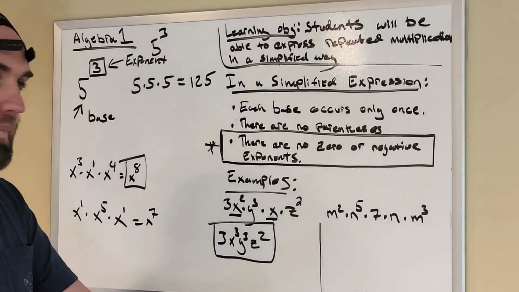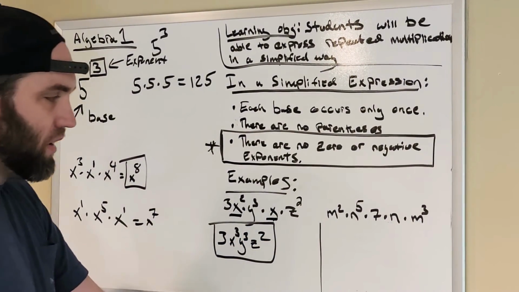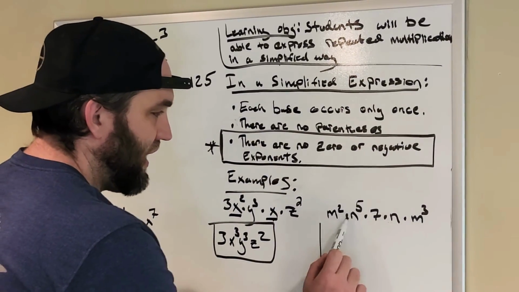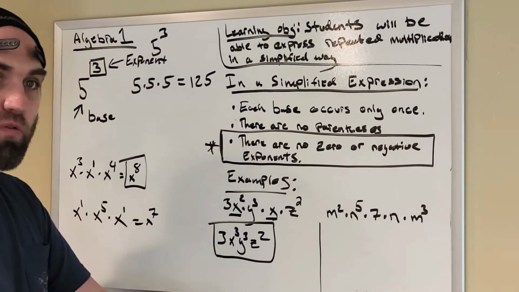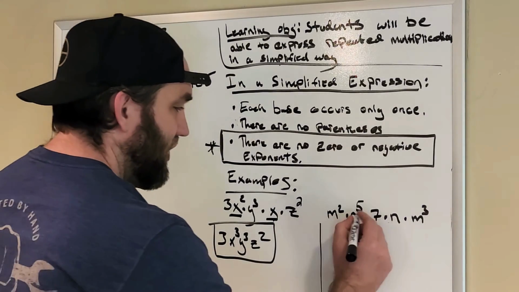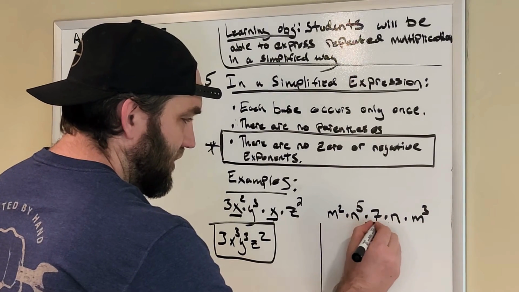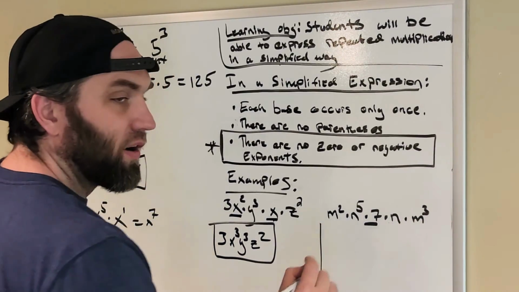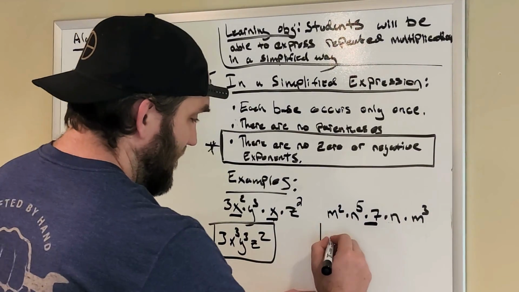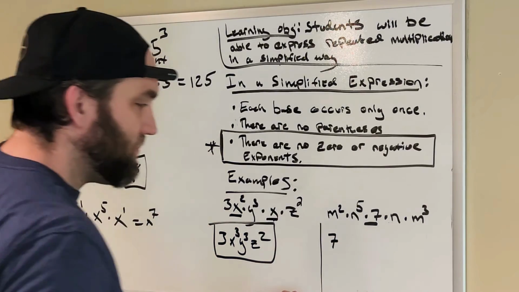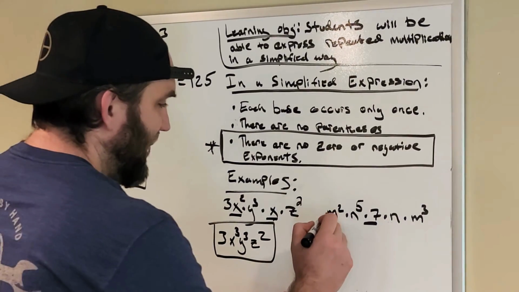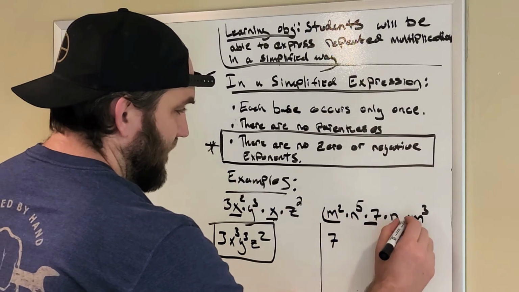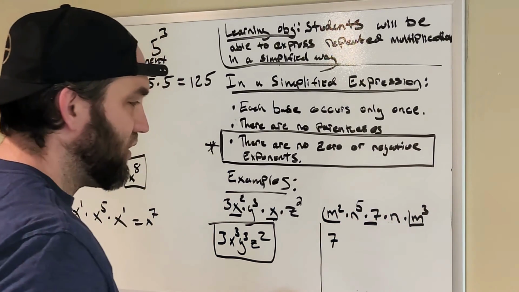Right? Let's take a look over here. I want to put this in simplified form. I have m's, I have n's, and I have a constant. First thing I want to take a look at is my constant, my 7. Are there any other constants in here? Nope, no other constants. I'm going to bring that down and put that in front of everything. So 7. Then I go to my m's. M squared, and then m to the third.